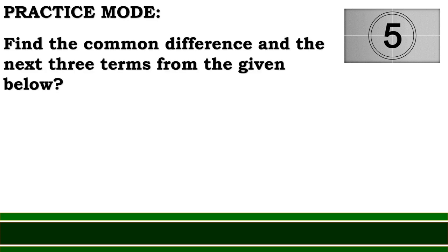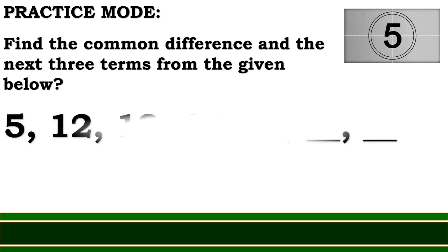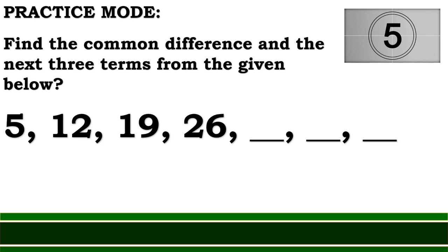Let us try to have a simple practice. Can we find the common difference and the next three terms from the given below? The sequence here is 5, 12, 19, 26. Give its common difference and the next three terms.